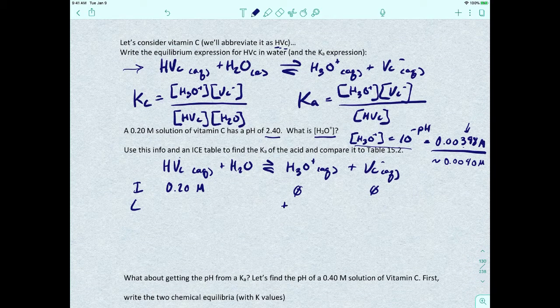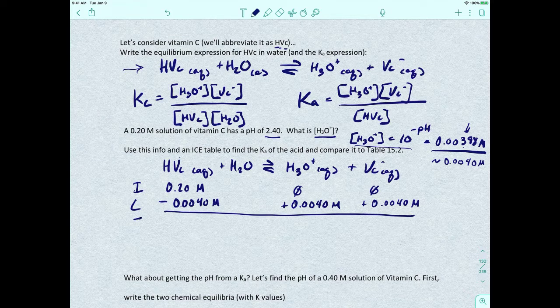We know that the concentration of H3O plus has to go up by that much, because that's what the concentration is. If the concentration of H3O plus goes up that much, the concentration of ascorbate ion also has to go up that much, which means that the concentration of ascorbic acid has to go down by 0.0040 molar as well.